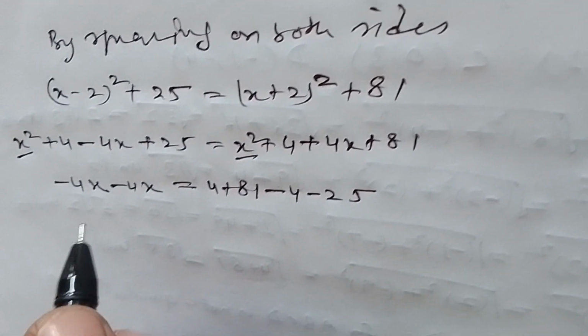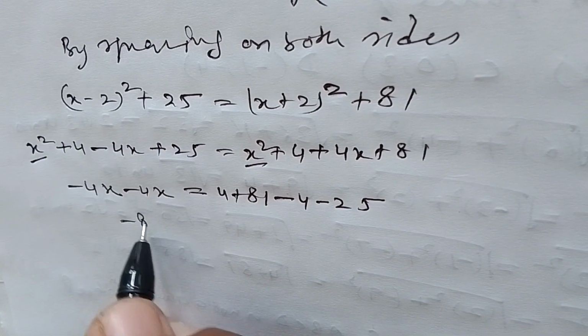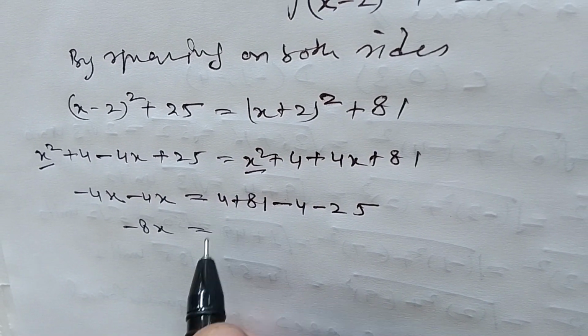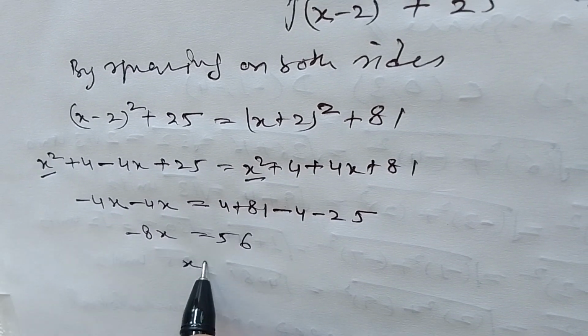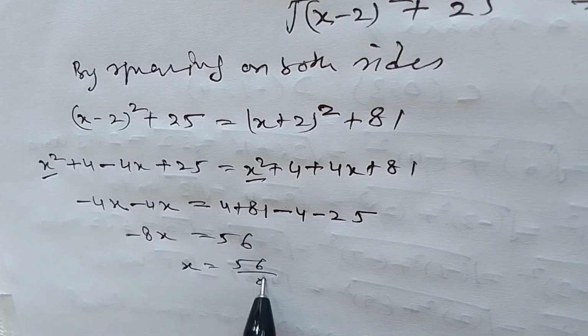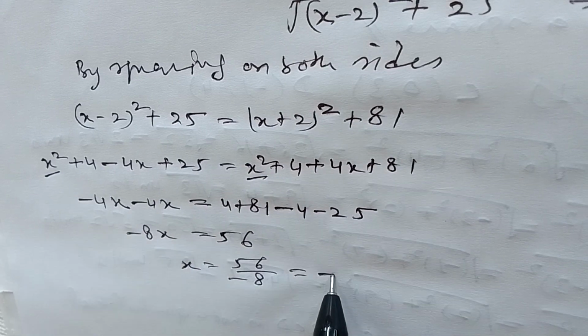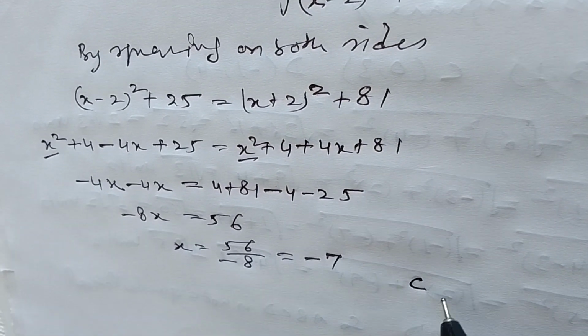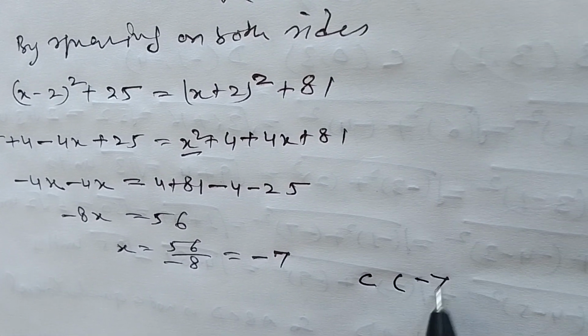So we have −8x, and on further simplification it comes out to be 56. x comes out to be 56 by −8, so the answer comes out to be −7. So the point C has the coordinates (−7, 0).